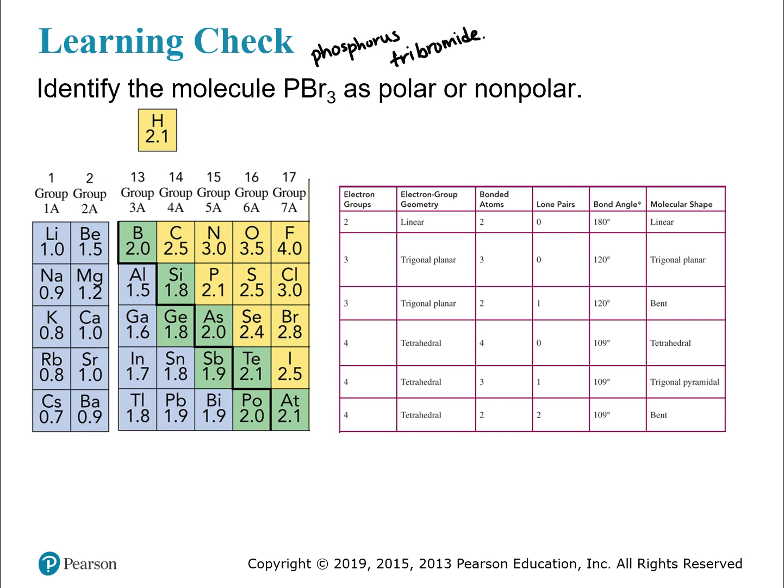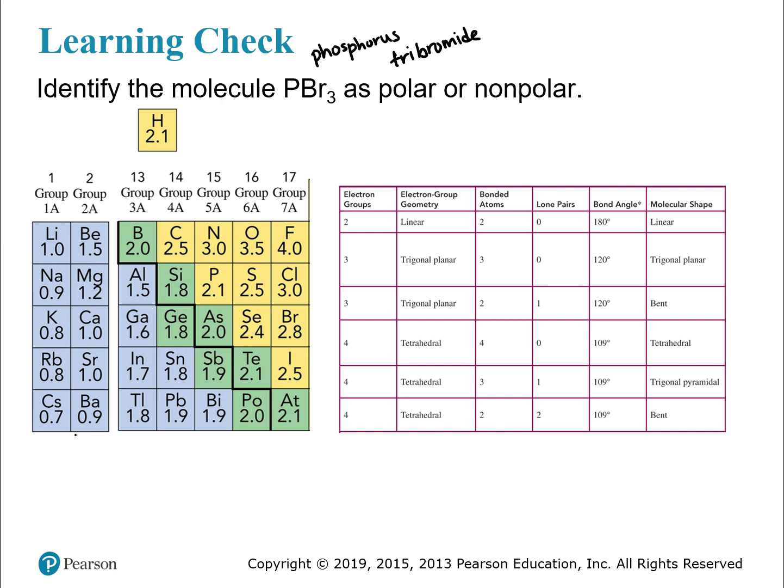It's a covalent molecule. You name the first element, use a prefix, the first syllable, then IDE. We have to talk about whether this molecule is polar or nonpolar. The first thing we have to do is figure out, do we have polar bonds or nonpolar bonds?